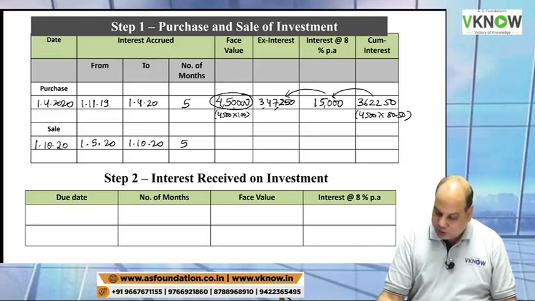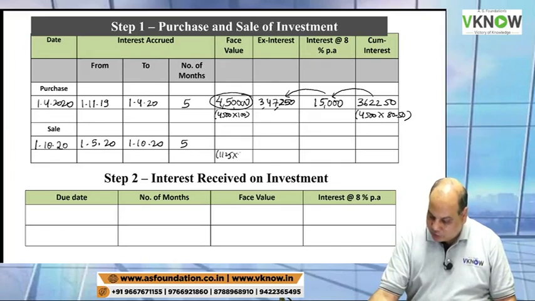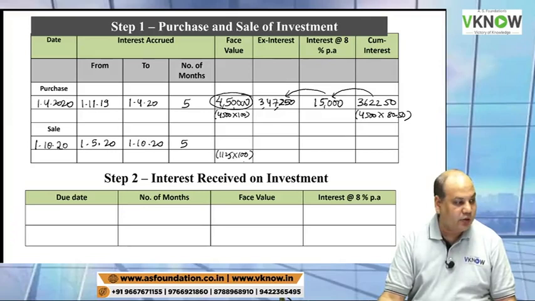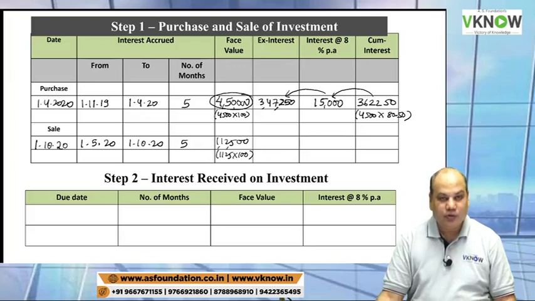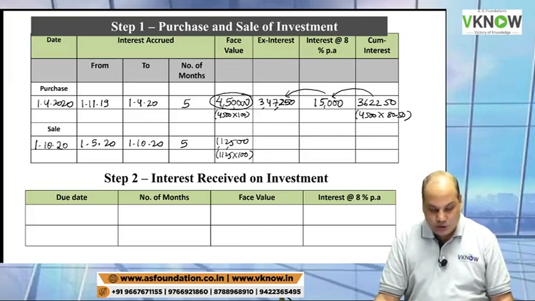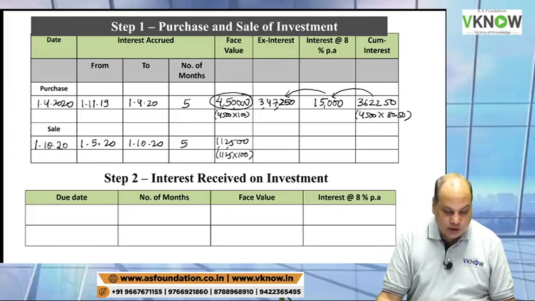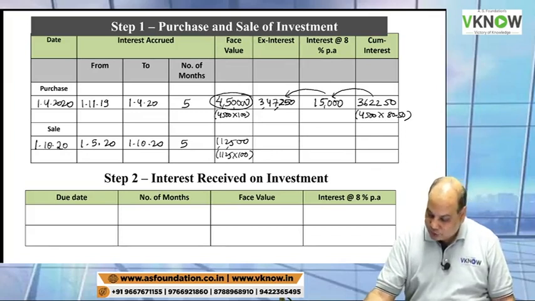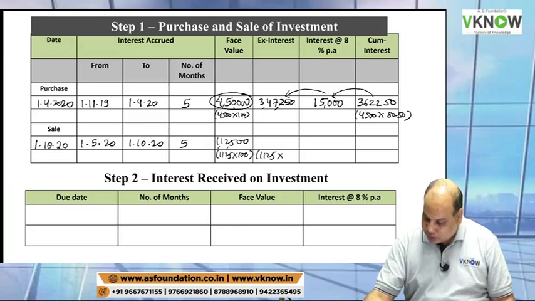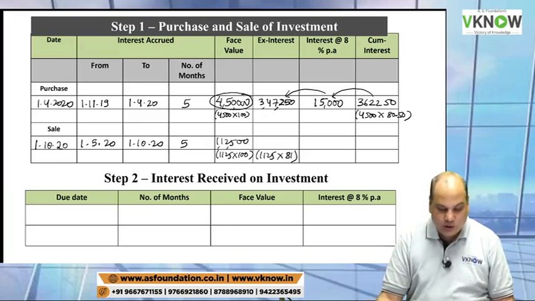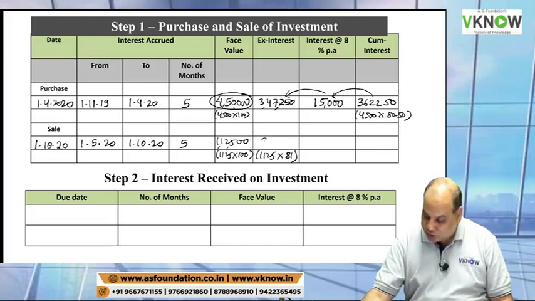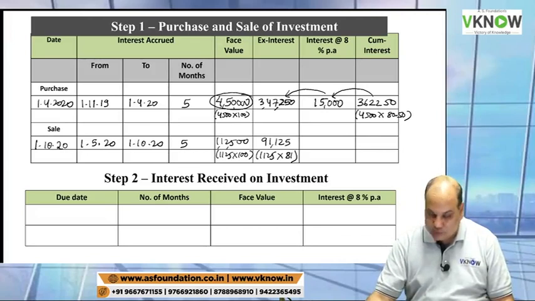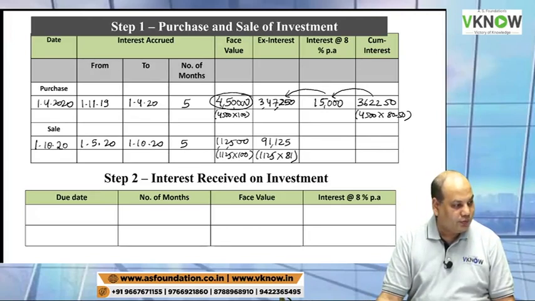And the face value of the investment sold is 1125 into 100, 112500. Now check whether it is sold on cum interest basis or ex interest basis. So they are saying ex interest basis. So I will take 1125 into 81. It comes to, check my answer, 91125.